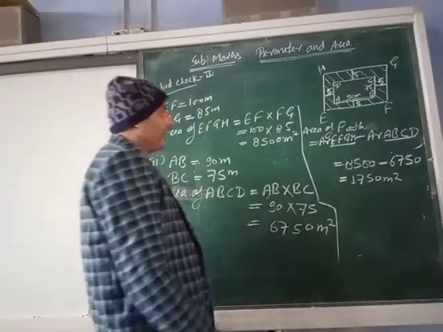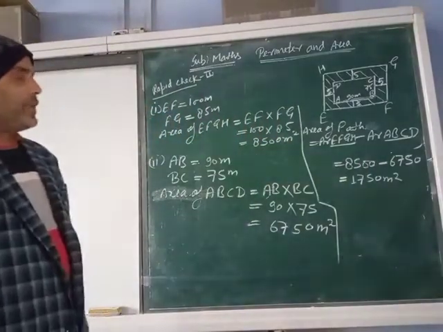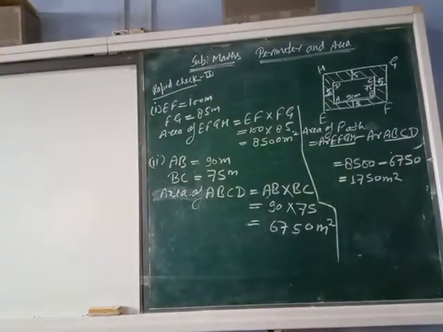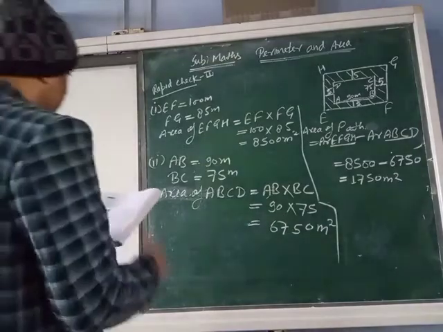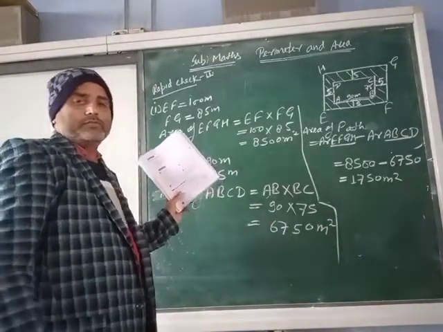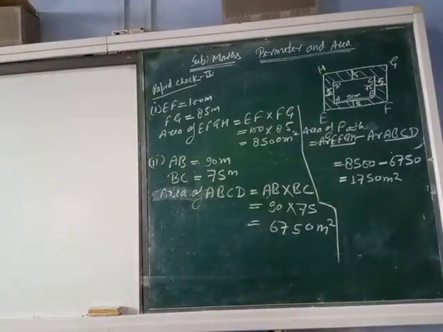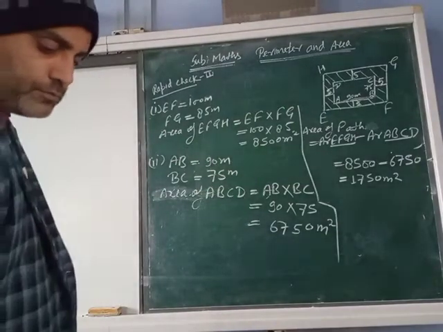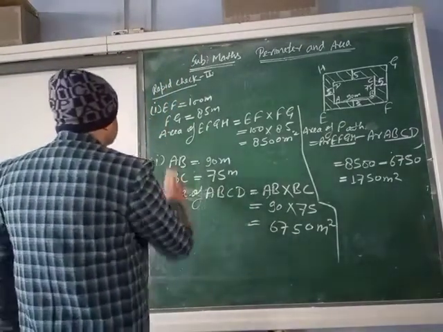Then what will you get? That is the area of the path. Okay. Now write it down. That is Rapid Check third question. You have to write it down in your copies also. Now see next.